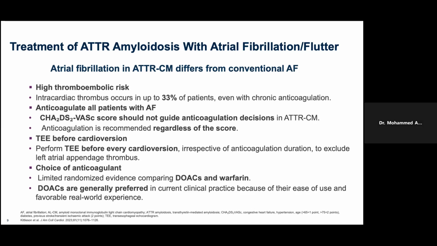Perform TTE before every cardioversion, irrespective of anticoagulation duration, to exclude left atrial appendage thrombus. Regarding the choice of anticoagulant, limited randomized clinical trials have compared DOACs or warfarin in ATTR amyloidosis patients. DOACs are generally preferred in current clinical practice because of their ease of use and favorable real-world experience.